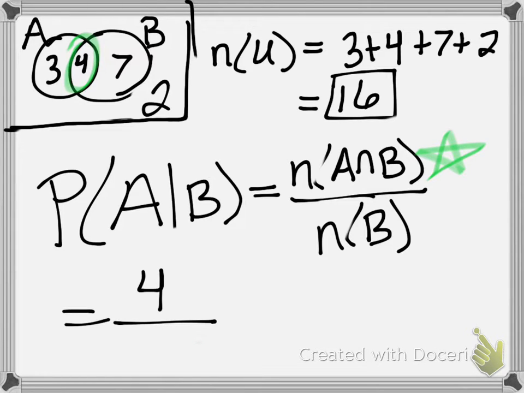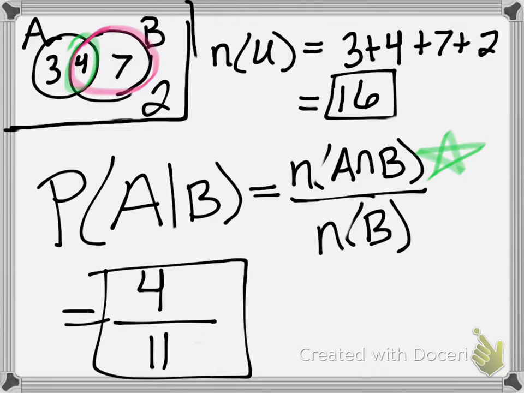And now we get to divide it by B, the number that's in group B. And we just go through that whole circle, and that's 4 and 7. So out of 11. That is the probability. Simplify your fraction, or a decimal, or a percentage. And that is the probability of A given B.